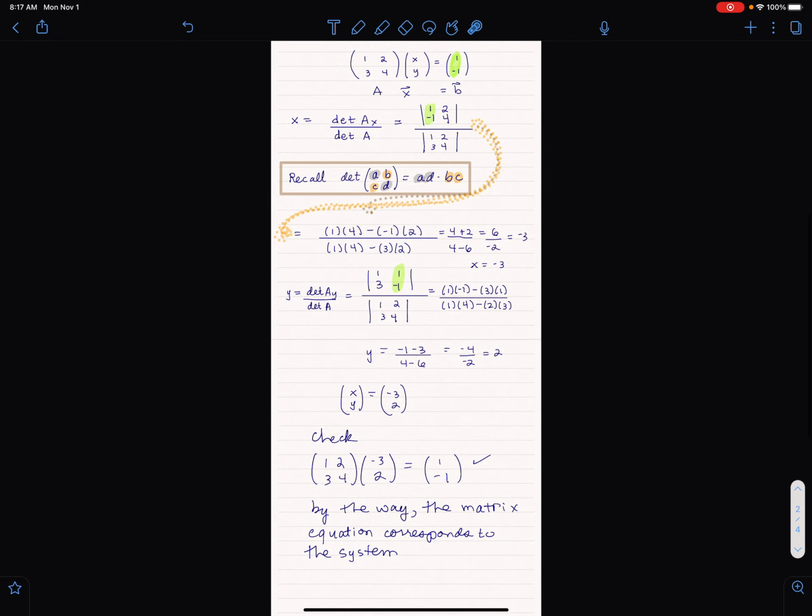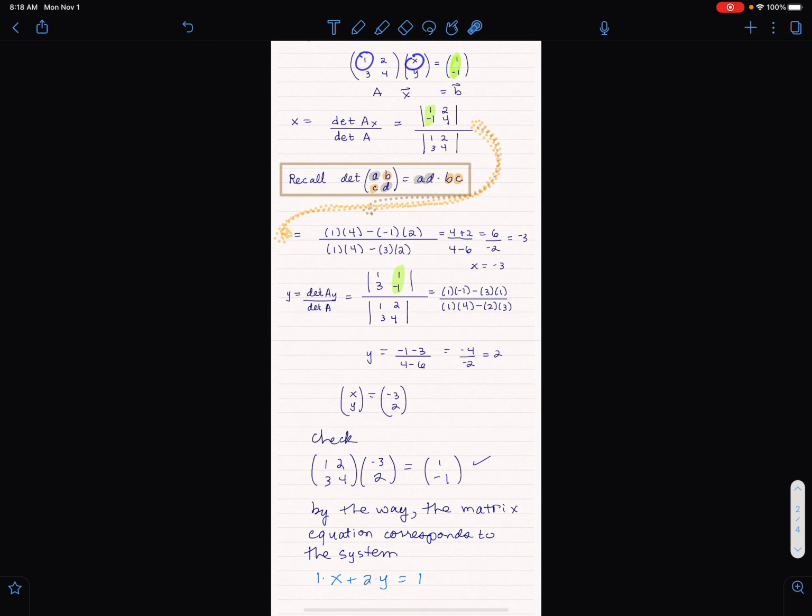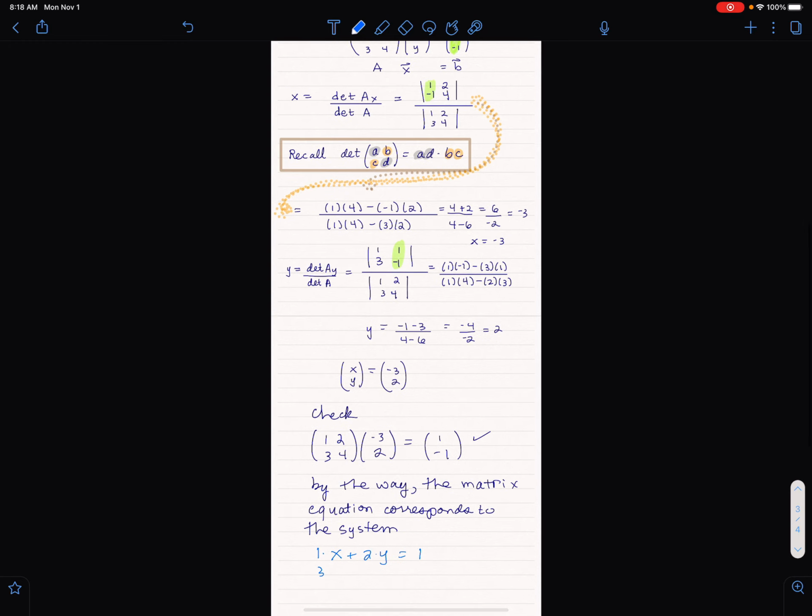That's the same thing as 1 times x plus 2 times y equals 1. See what I have here? I have 1 times x plus 2 times y equals 1. And then 3x plus 4y equals negative 1.